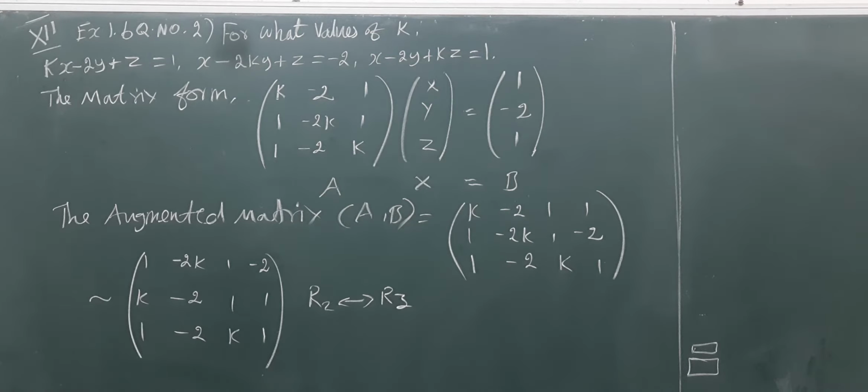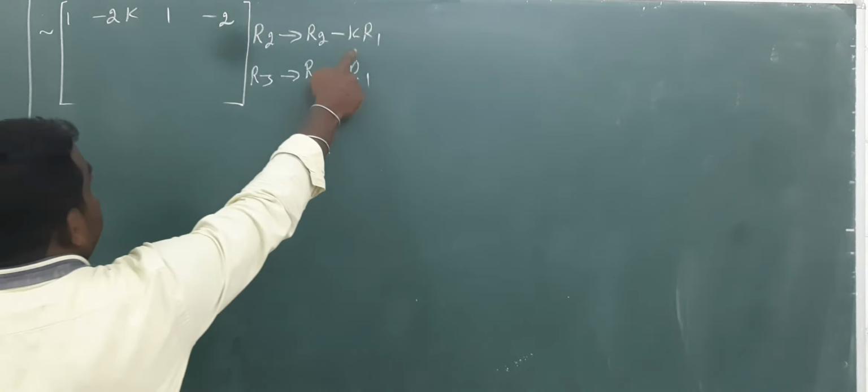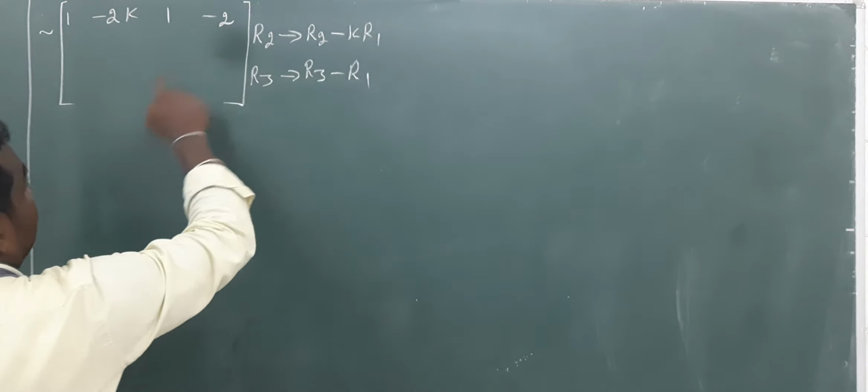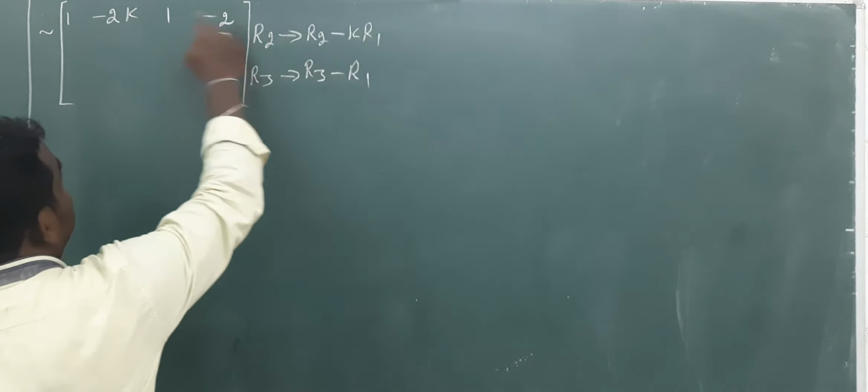So far we finished to start with the rank of matrix. Now we will find out the rank of matrix [A, B]. The next step, already you know that. We subtract from the second row the first row multiplied by the first number. The first number is k, so we multiply k to the first row.